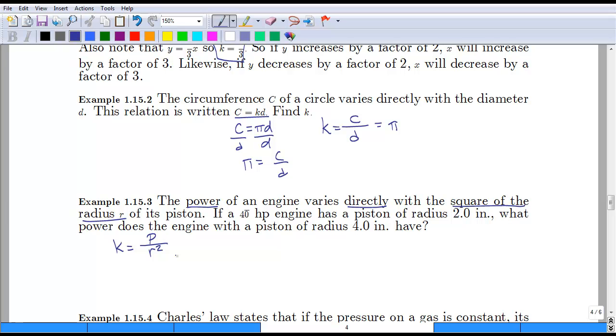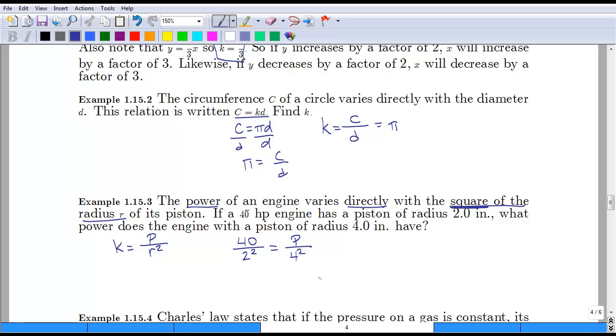That's the only difference, is we are told that it needs to be the square of the radius. So now, given the information, a 40 horsepower engine has a piston of radius 2 inches, so 2 squared, this would be equal to what power does the engine of radius 4 have, so this would be 4 squared.